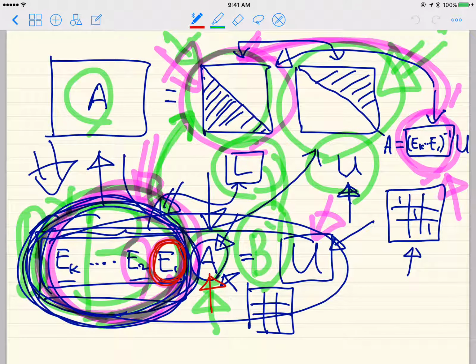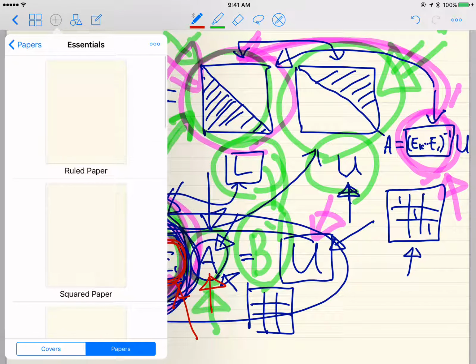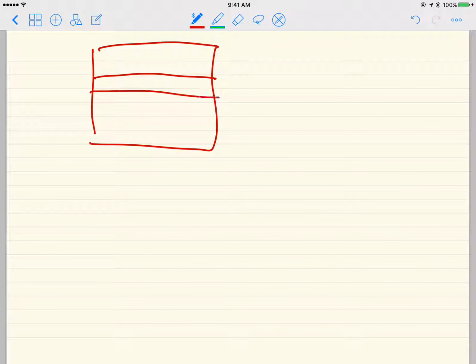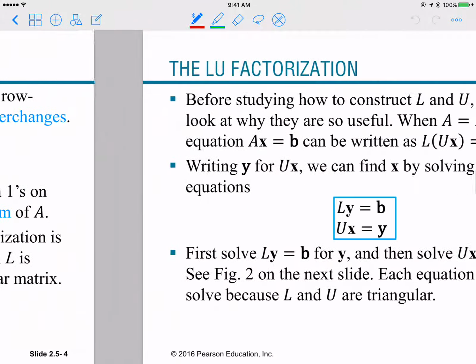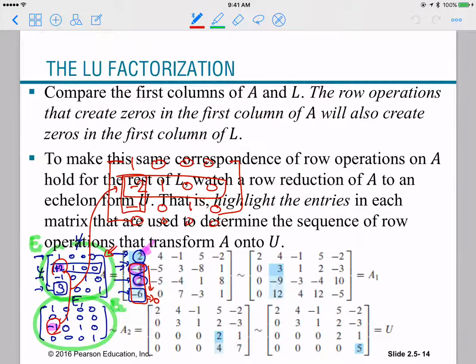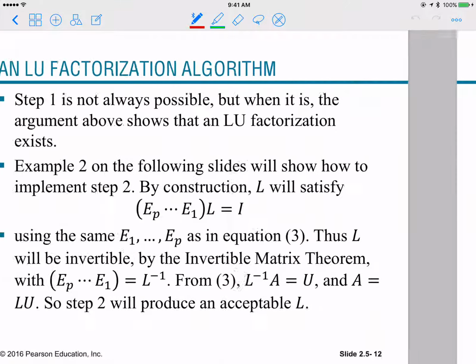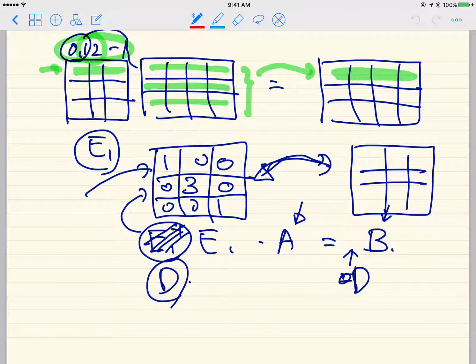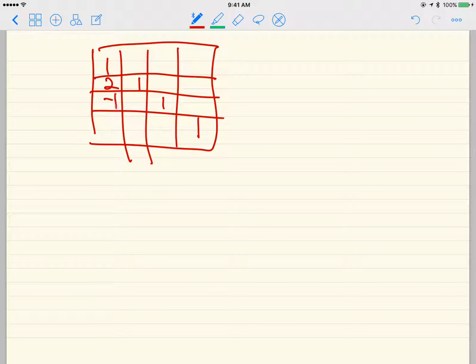This E1 will have 1, 1, 1, 1 here, and then there are some values. What was the value? Let me bring the value. 2, minus 1, 3. Two, minus 1, 3.